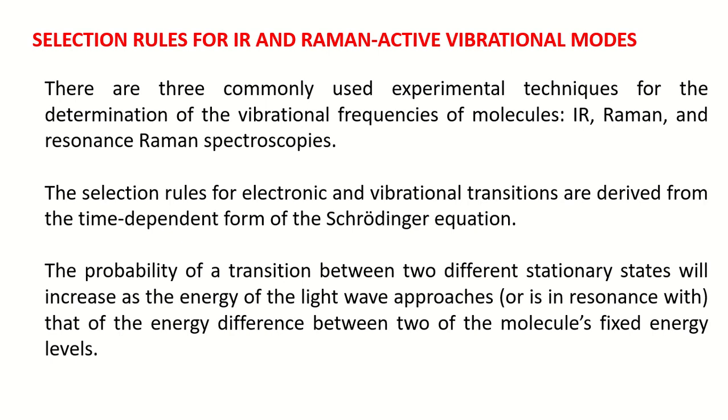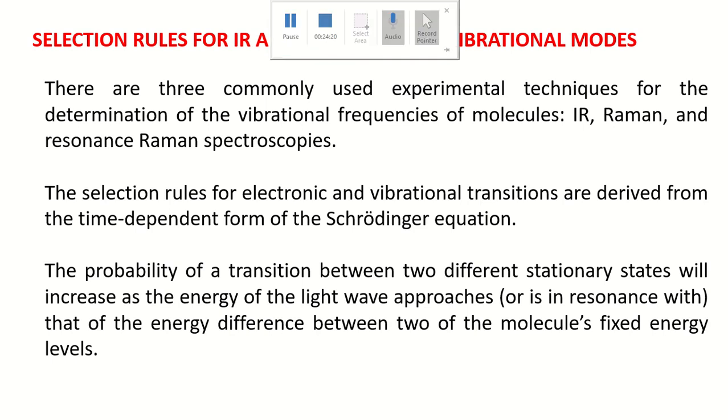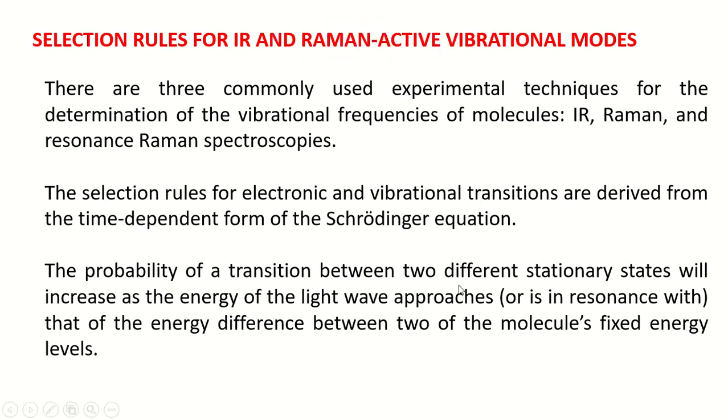The absorption of light is therefore a resonance process that depends on the nuclear and electronic coordinates of the molecule. Because the electric field component of the electromagnetic wave is oscillating in time, we will need to use the time dependent form of the Schrödinger wave equation that we have studied already in our previous classes.